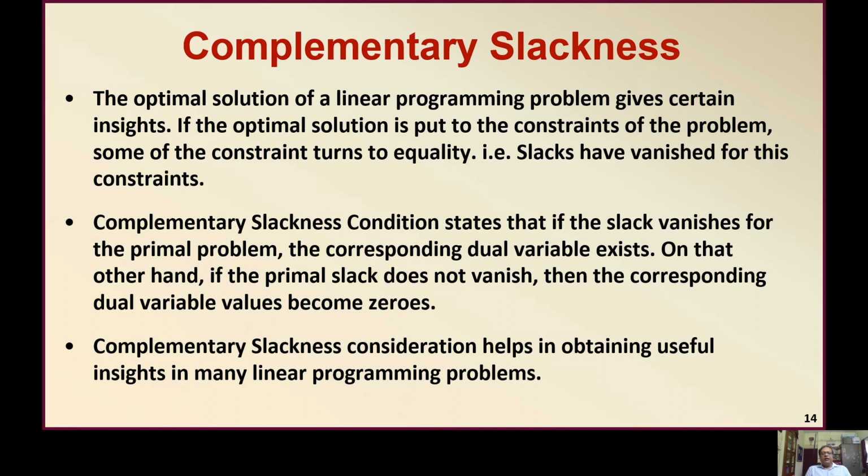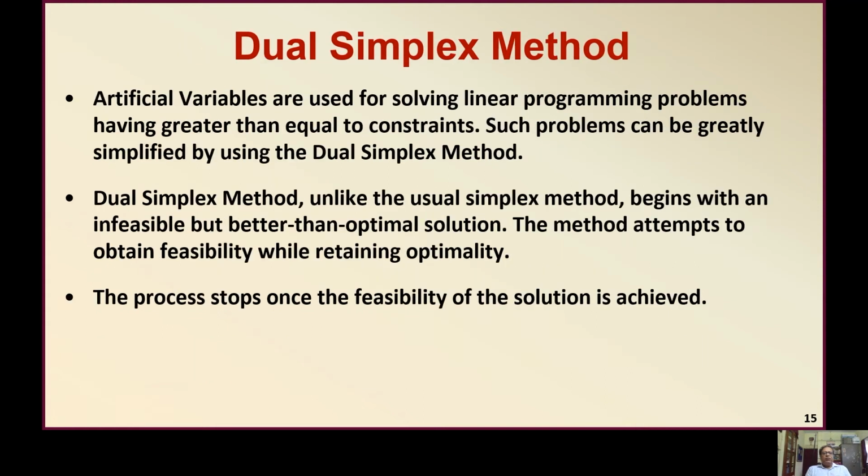Another very important area is the network. There is a network simplex method, where the duality concept also helps in a big way, right? Beyond that, it also gives us another very important kind of simplex method, which is known as the dual simplex method. This is going to be our next topic, the dual simplex method.